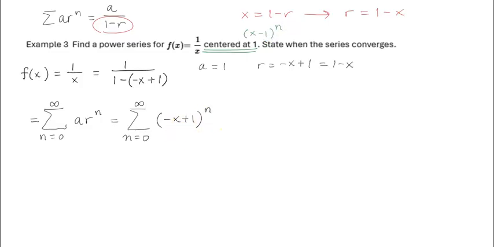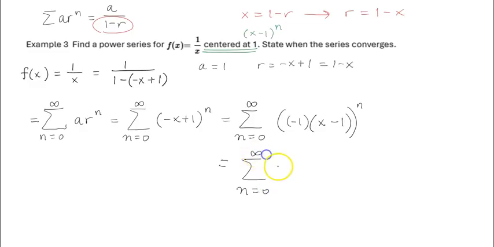But right now we have negative x plus 1, so inside of those parentheses I'm going to need to factor out a negative 1, which would turn the x positive and the 1 negative. So good, now I have what we want, and I'll finally write this as what it is, which is an alternating series centered at 1.